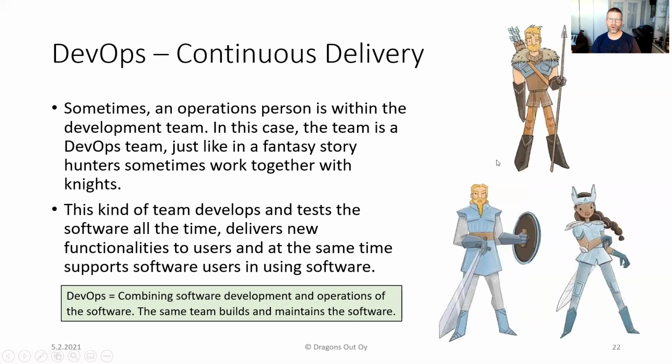In a fantasy story comparison, the hunters and the knights band together. They form a team that together can effectively find dragons and destroy them. So this is DevOps, development and operations together, delivering new features continuously to the users.